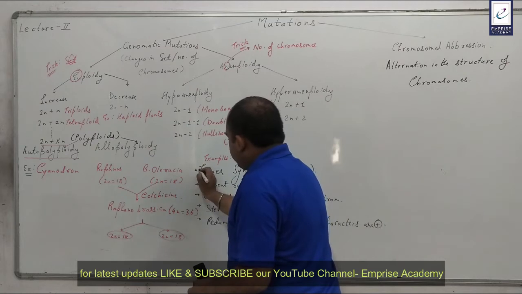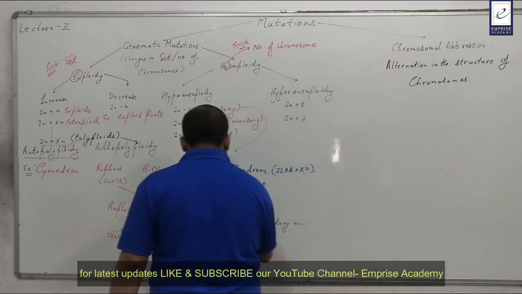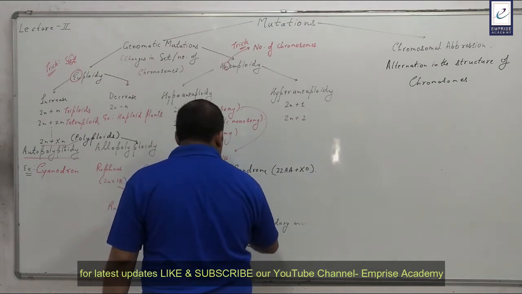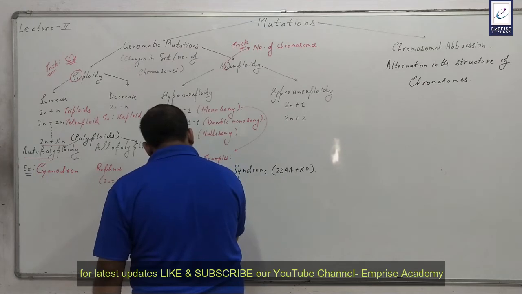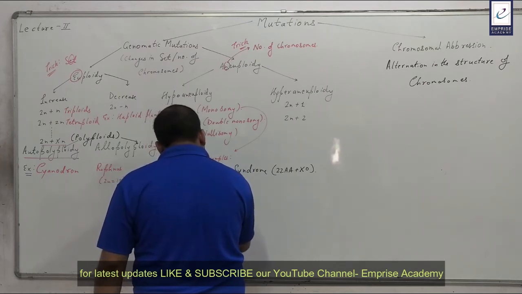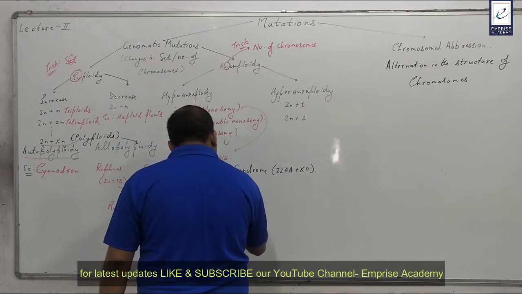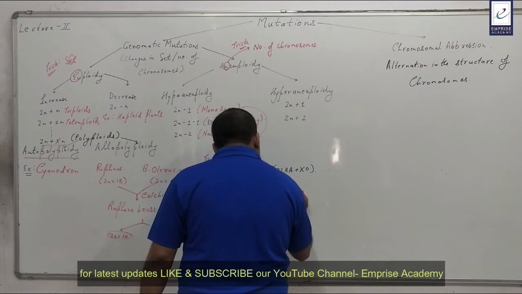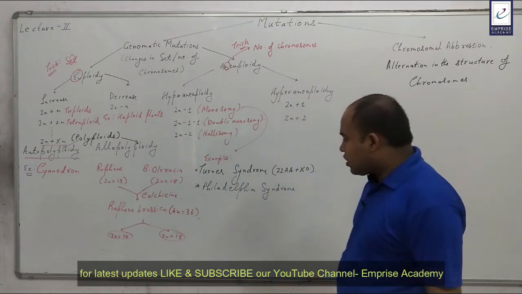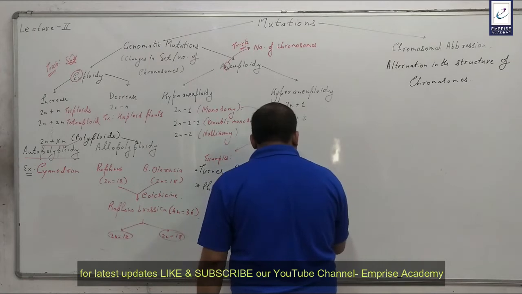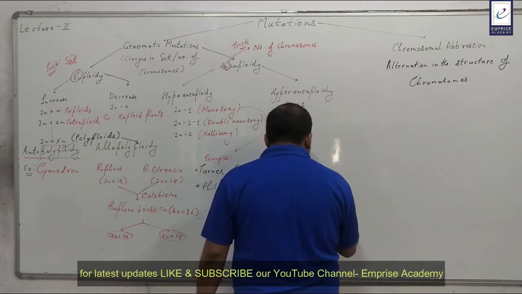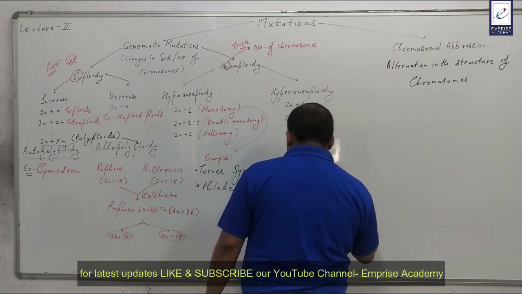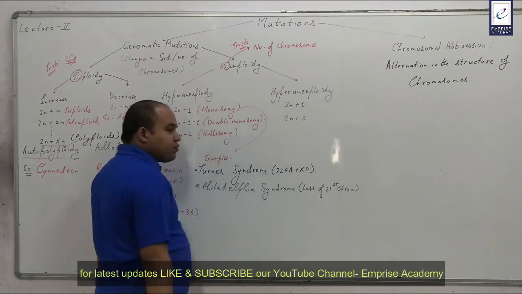Another example of monosomy could be the Philadelphia syndrome. What do you mean by Philadelphia syndrome? In the case of Philadelphia syndrome, there is a loss of the 21st chromosome. So there is an autosome that is being lost.